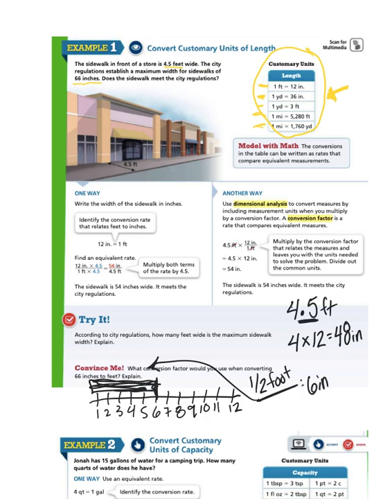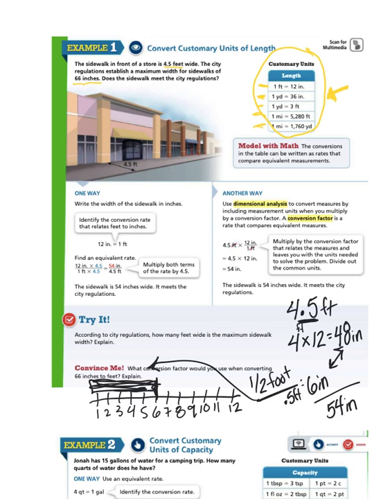Then we have to add the 48 and the 6 because now we have everything in inches. The 0.5 feet equals 6 inches, and the 4 feet, we multiply by 12 to get 48 inches. So 48 plus 6 is exactly 54 inches.